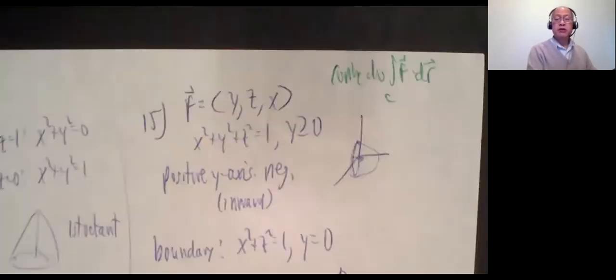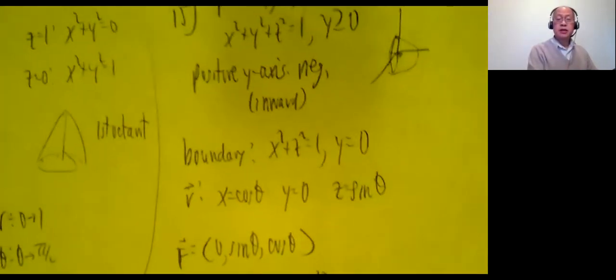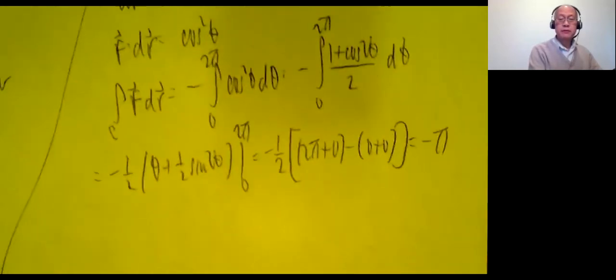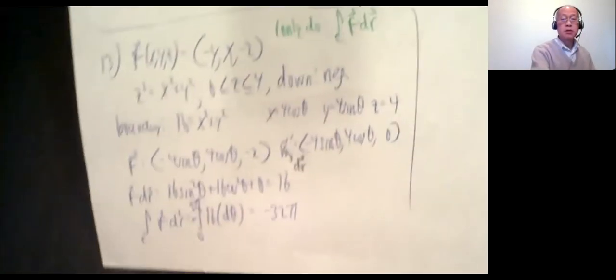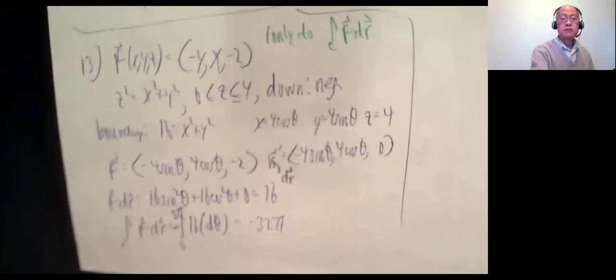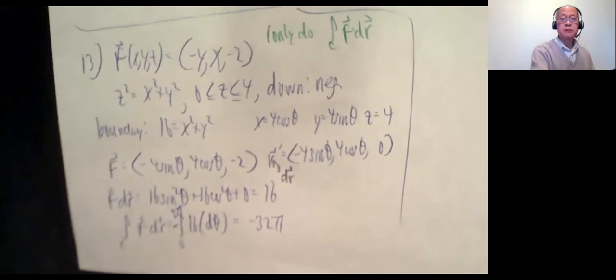Professor, real quick. Yeah, let me show this real quickly first. Okay. And get this out of the way. Okay, yes, question. For number 13, right there next to F, what is that?